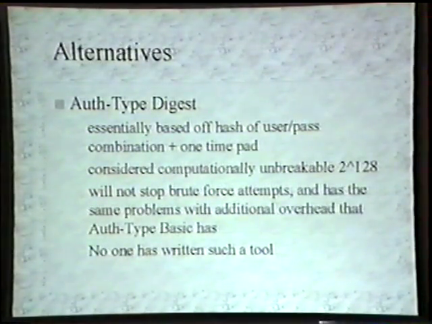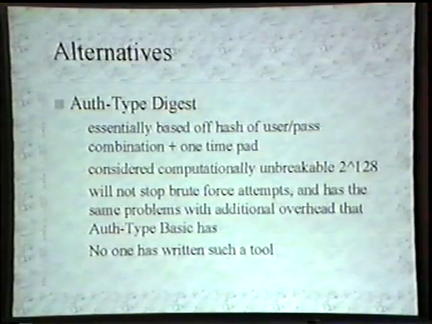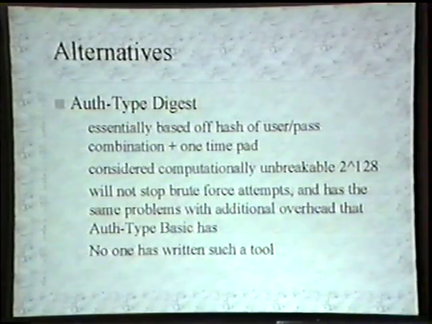It has some basic flaws. But essentially what it does, for those of you who don't know, is it takes a hash based off of a one-time number that Apache gives to it, and that one-time number is a shared secret. Both parties know about it.